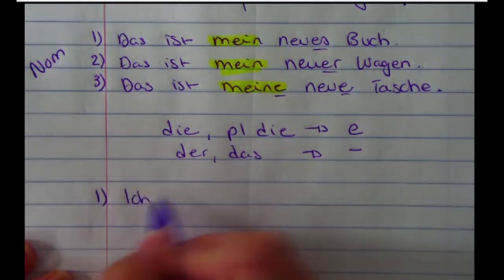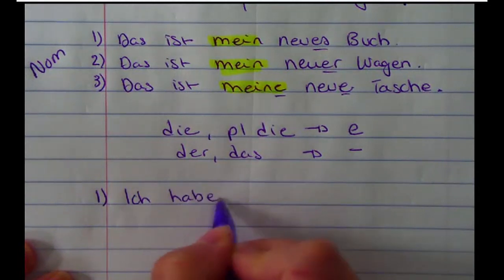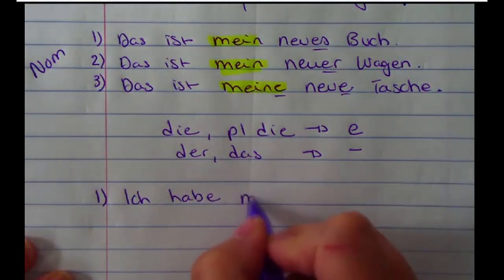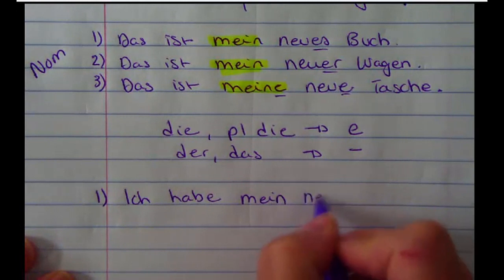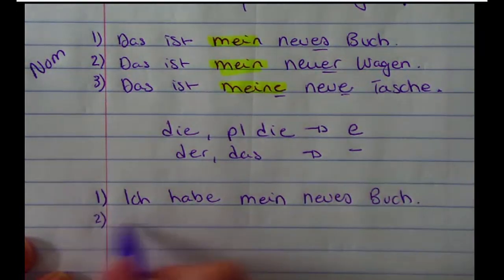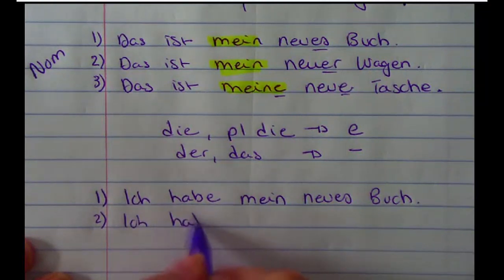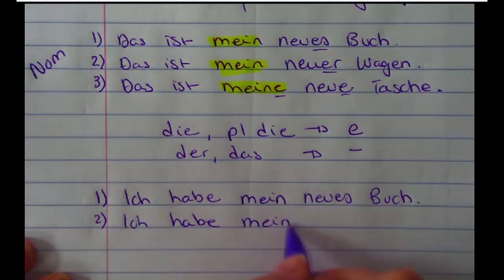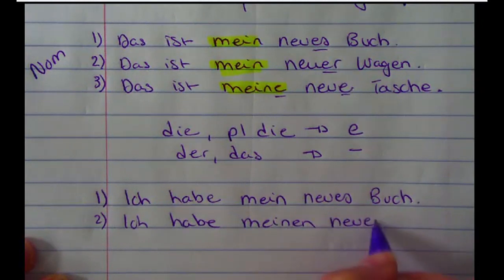So I'm going to go with Ich habe mein neues Buch. And for the second one, I'm going to say Ich habe meinen neuen Wagen.